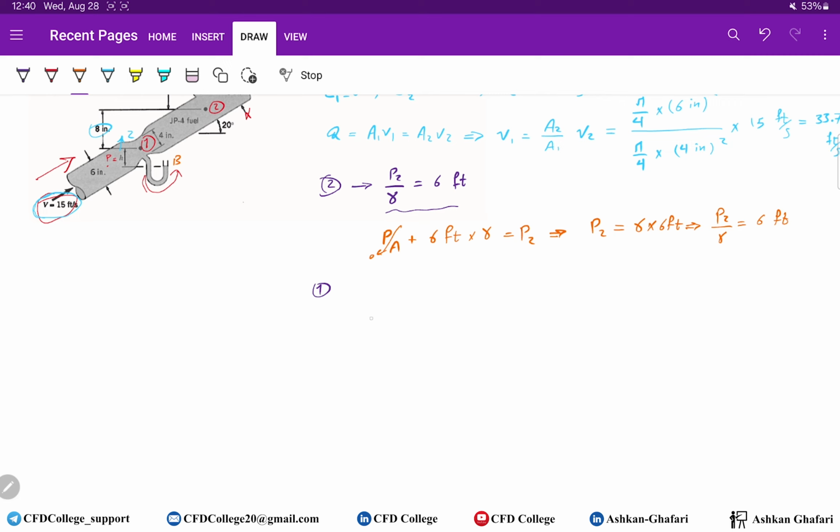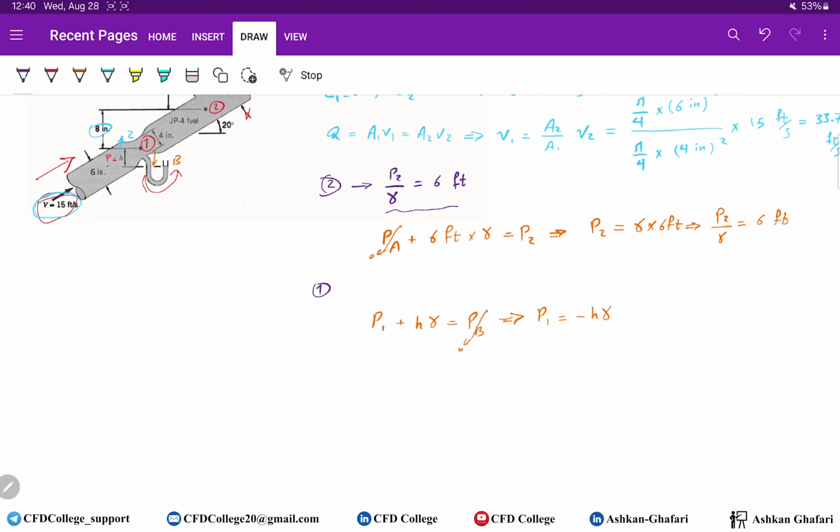It doesn't matter, you can start from point B. So P1 plus H times gamma, because I should move downward, and then I reach point B, and as you know, point B is atmosphere, so PB is 0. So P1 equals minus H times gamma.